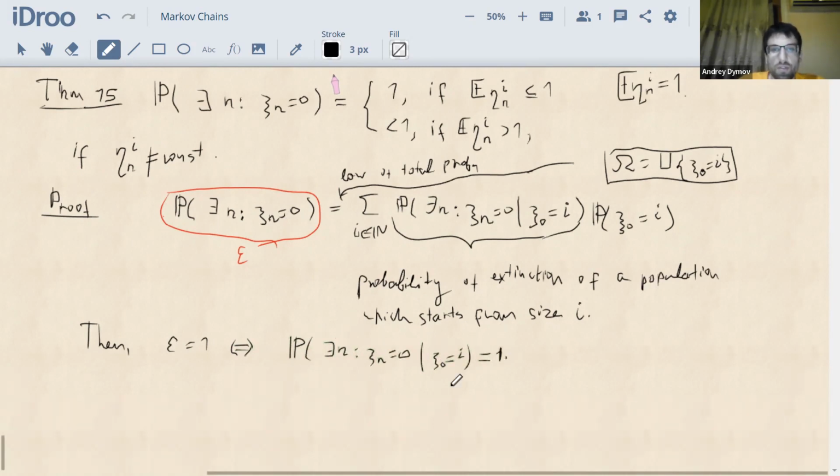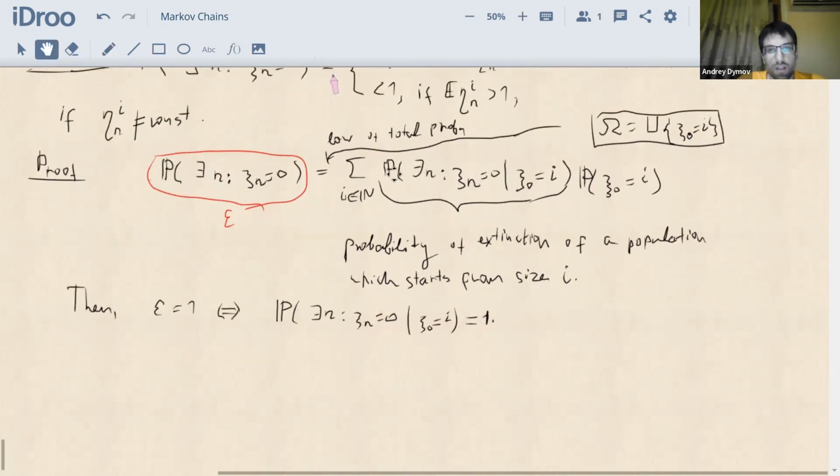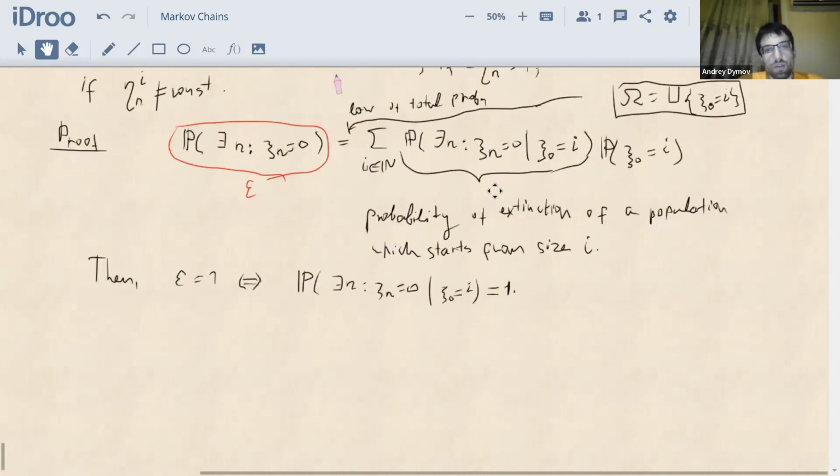Because if any of these probabilities is less than... okay, this isn't very good logic, right? Because you may have situations that this guy equals 0, then if one of these probabilities is less than 1, then it's okay. Okay, so sorry, let me use slightly different logic.